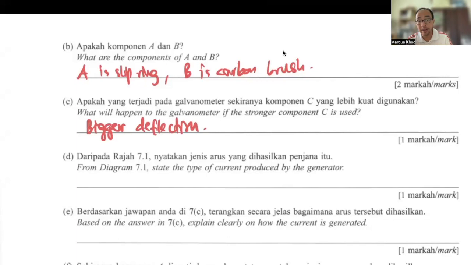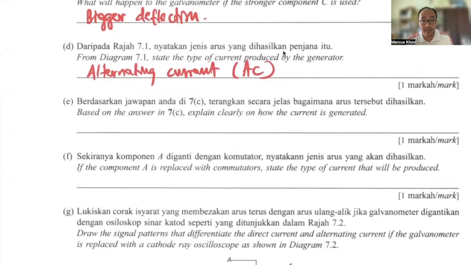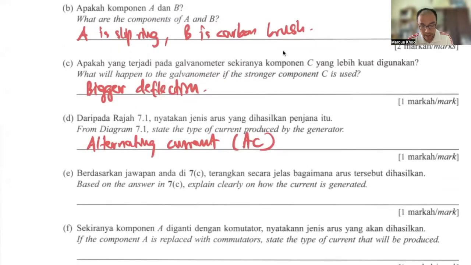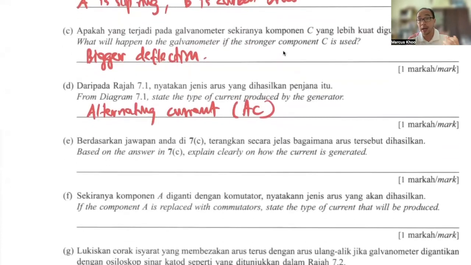Okay, so from diagram 7.1, state the type of current. So this will be alternating current, or AC, because of the slip rings. Based on the answer in 7C, explain clearly how the current is generated. Since this is only 1 mark, I suppose they are asking how you produce a bigger current lah.